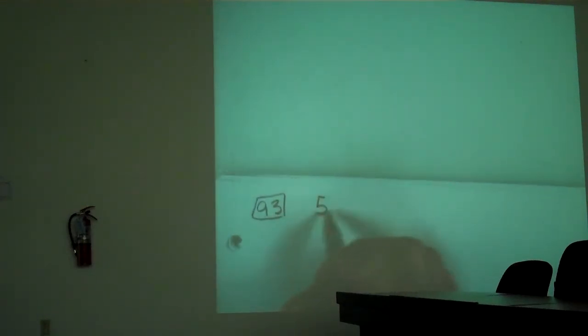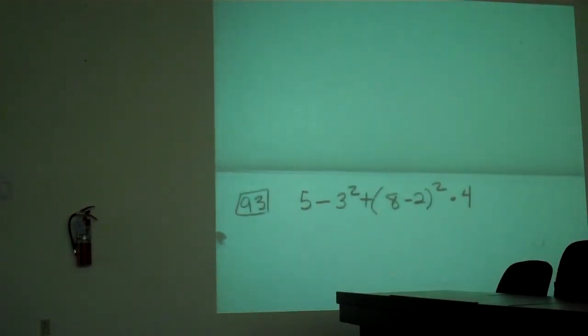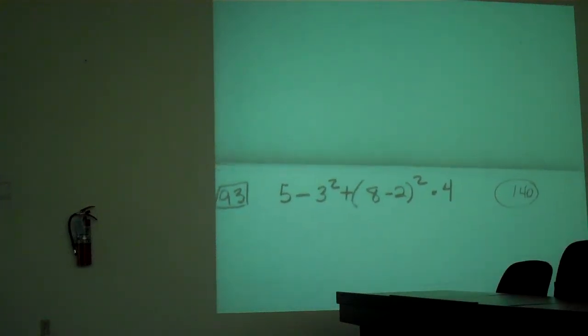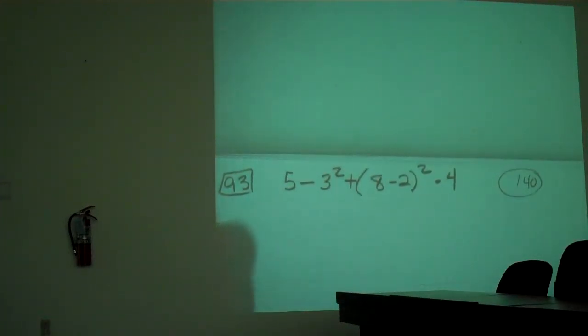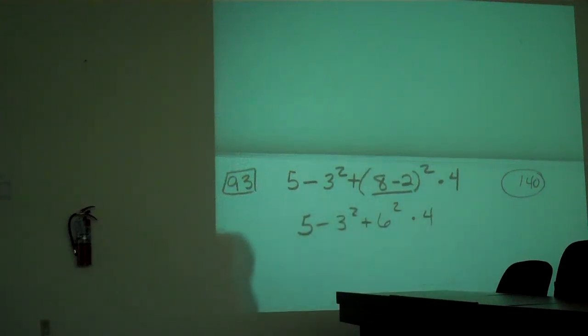Okay, 5 minus 3 squared plus, parenthesis, 8 minus 2 squared times 4. And the answer's supposed to be 140, so let's see if we can get that. Start with what? Parentheses. 8 minus 2, 6, so that's going to be 6 squared. Okay, what's the thing after parentheses?